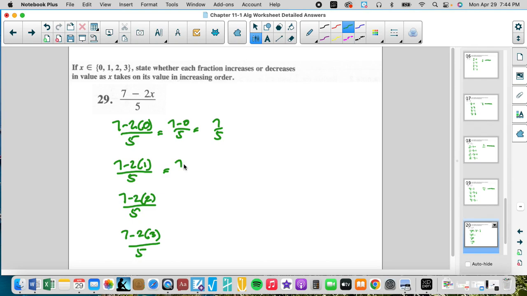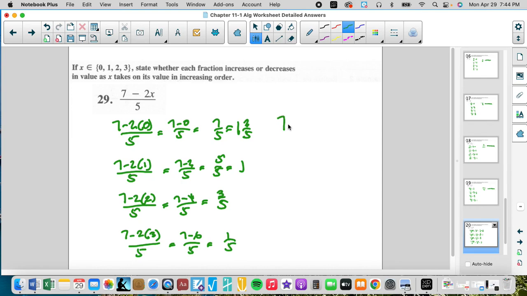This becomes 7 minus 2 over 5, which equals 5/5, which equals 1. This is 7 minus 4 over 5, which equals 3/5. And this is 7 minus 6 over 5, which equals 1/5. So we see this equals 1 2/5 to 1 to 3/5 to 1/5. So 7 minus 2x over 5 is decreasing.